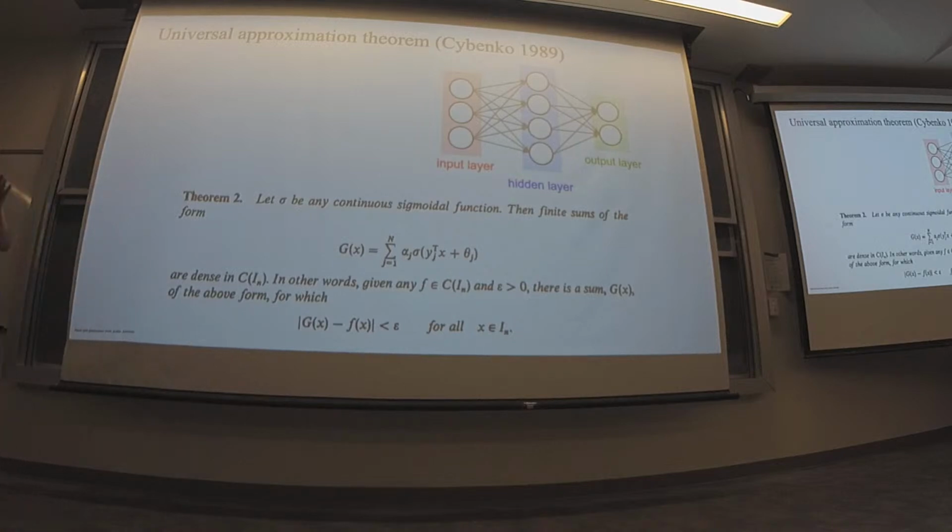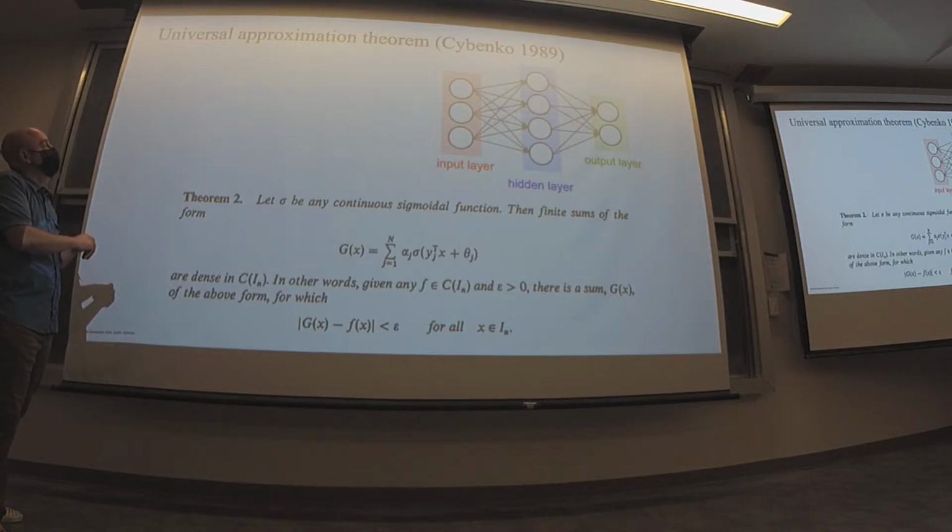So any continuous function, basically, on a finite interval can be approximated by a two-layer neural network. And there's a lot of wild continuous functions out there. This is why it's called a universal approximation.